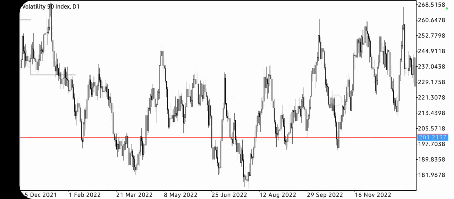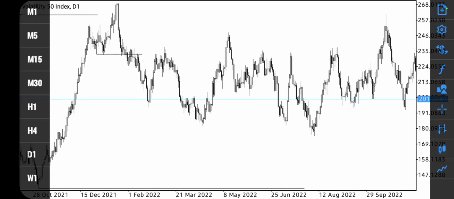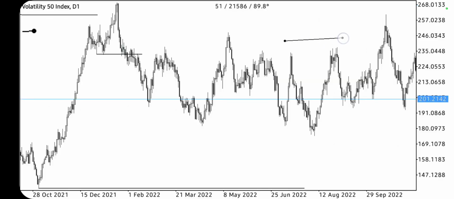After we had the minor break of structure, we had this movement to the upside, which did not take internal liquidity. It did not enter into our internal liquidity. It did not take all of the range liquidity.